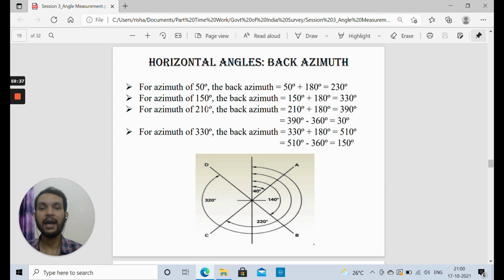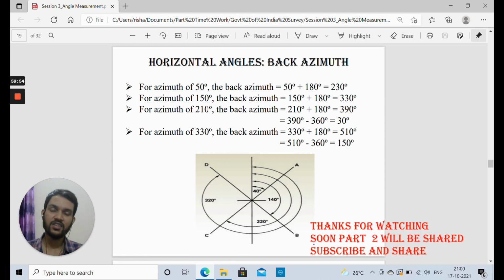Then what will be the back azimuth of that line? This should be 210 plus 180, which comes out equal to 390 degree. But since this angle is greater than 360 degree, we need to subtract 360 from this, and the actual back azimuth of this line will be 390 minus 360, that is equal to 30 degree.